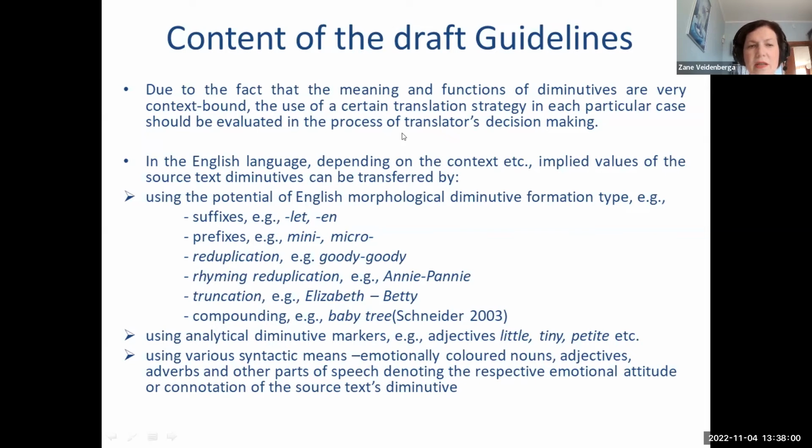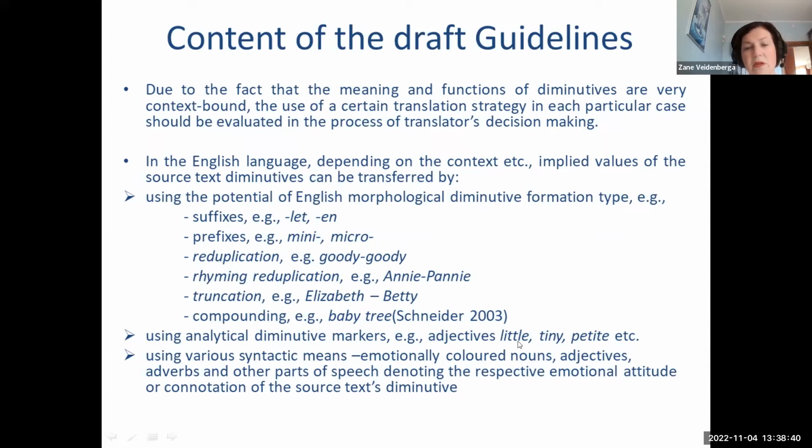First of all, certainly I have emphasized that Latvian diminutives are very context bound, and depending on the context, the implied values of the diminutives can be transferred either by using various morphological forms, and not only suffixes as in Latvian, but also prefixes, reduplication, rhyming reduplication, truncation, compounding, and also lexical ways of expressing the category of diminutives.